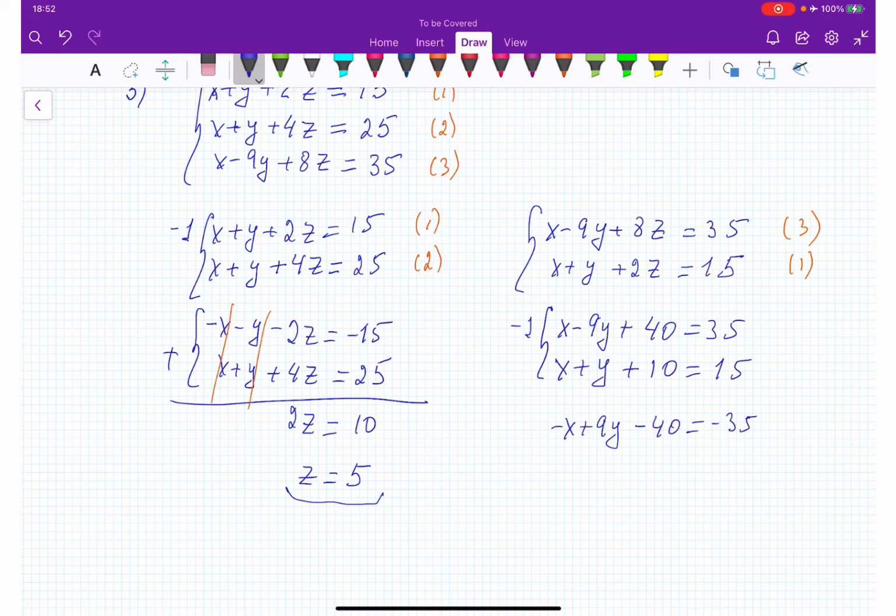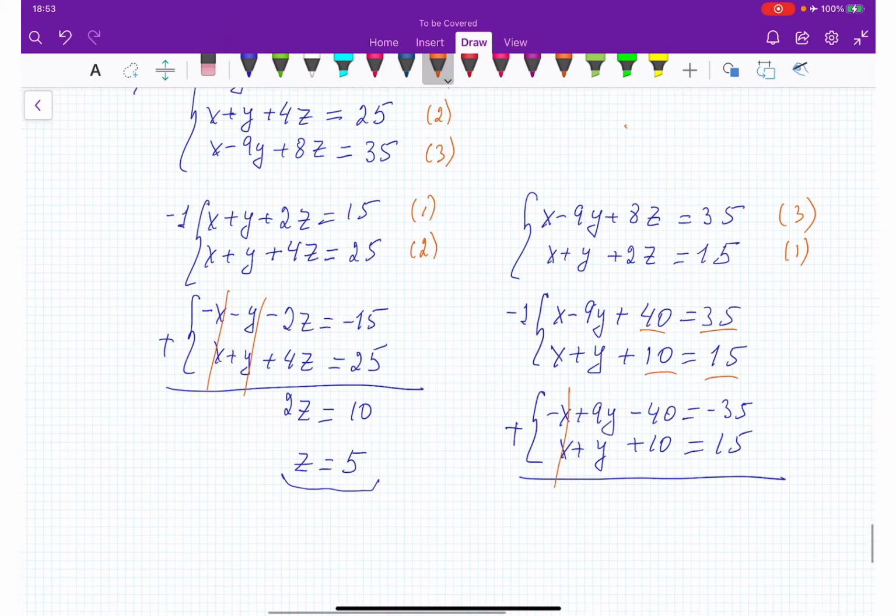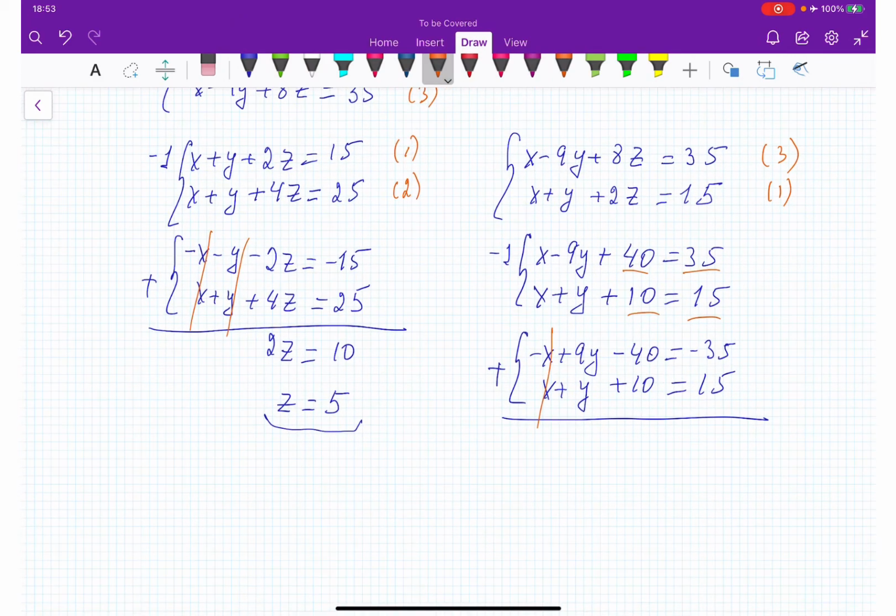And x plus y plus 10 is equal 15. When I add, you could combine these like terms. If you ask why I didn't, I don't know, I just didn't. But I will combine here, so it doesn't matter.